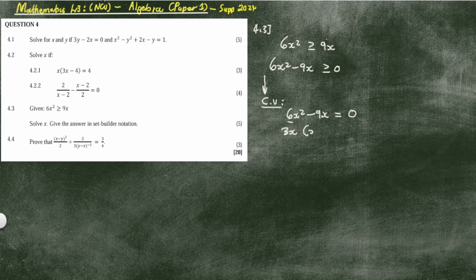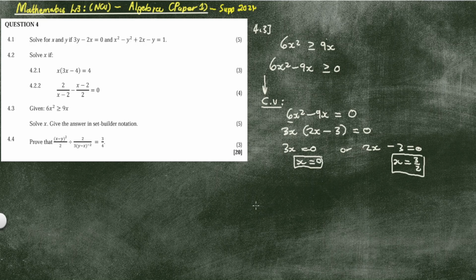Then inside the bracket, I'm going to be left with 2x minus 3 equal to 0. So 3x equal to 0, or 2x minus 3 equal to 0, gives me x equal to 0 this side, and x equal to 3 over 2 this side. I have two roots, 0 and 3 over 2.